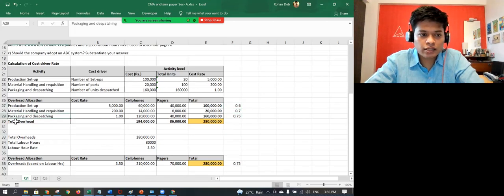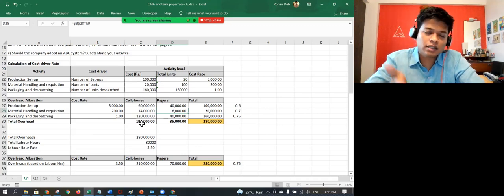So there's no difference in the packaging and dispatch cost because it's in the same ratio, but the difference is because production setup cost and material handling cost is allocated more in the case of overhead allocation on the basis of labor hours in comparison to ABC. So that's why there is a difference in the total cost, and you can substantiate the answer by saying that the company should follow ABC because ABC is a more accurate mode of allocation of indirect cost.